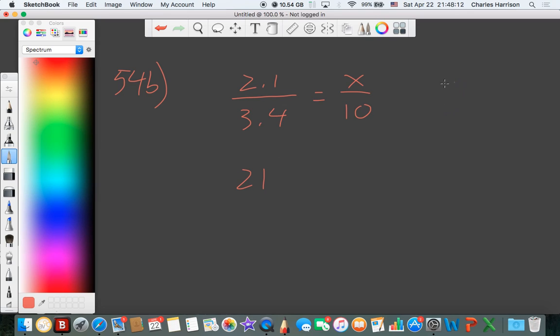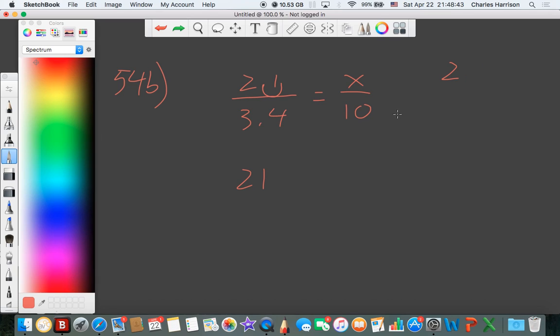Well, when you times anything by 10, you move the decimal place over one place. We've talked about this before. Anything times 10, we move the decimal over 1. Just like anything times 100, say we had 2.1 times 100, we just move the decimal over 2 places. So 10 times 2.1 is 21, okay?